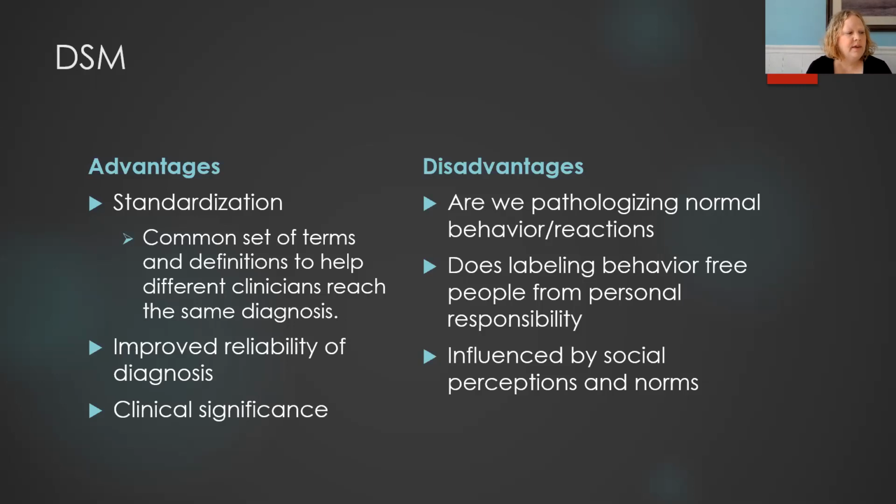And other things, addictions have been difficult. How many addictions do we add to the DSM? For example, shopping addiction, gaming addiction. Are we pathologizing behavior? Or are we giving people a way to excuse their behavior and not hold themselves accountable for their addictions?